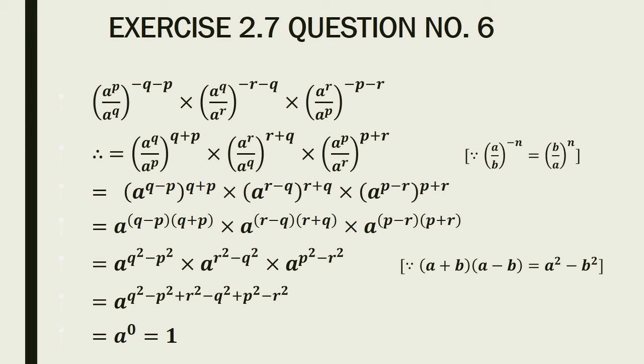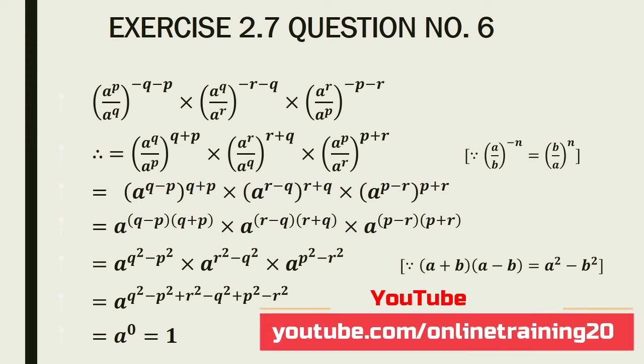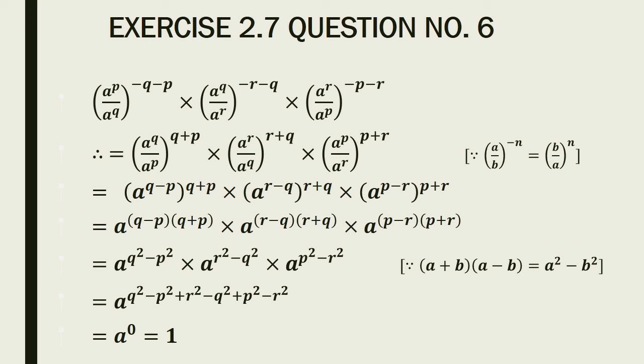So if we write it like this, a^q over a^p can be written as a raised to the power q minus p, whole raised to the power q plus p, multiplied by a^r over a^q, which can be written as a raised to the power r minus q, whole raised to the power r plus q, multiplied by a^p over a^r, which can be written as a raised to the power p minus r, whole raised to the power p plus r.